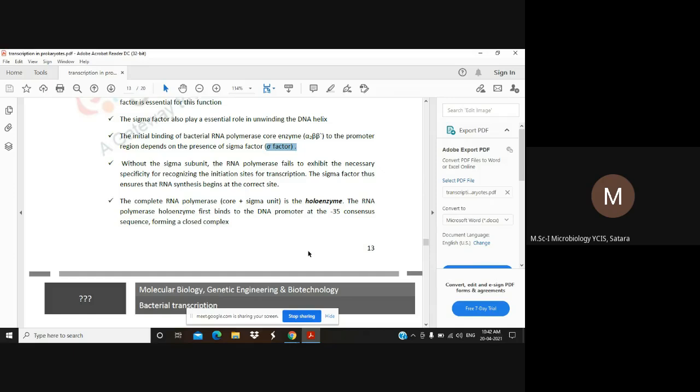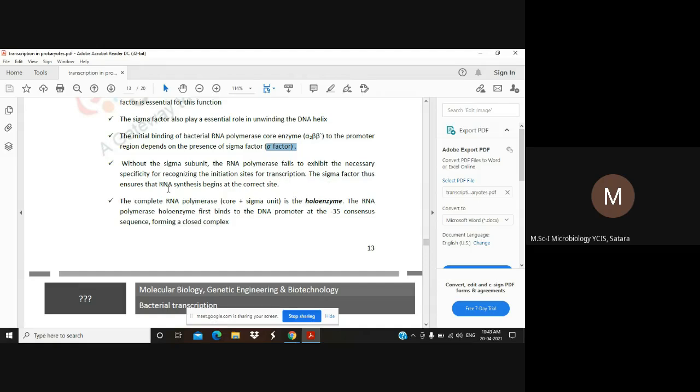Yes, recognition of this promoter region, that is the initial binding, occurs by sigma factor. Without the sigma subunit, this RNA polymerase fails to exhibit the necessary specificity for recognizing the initiation sites for transcription.